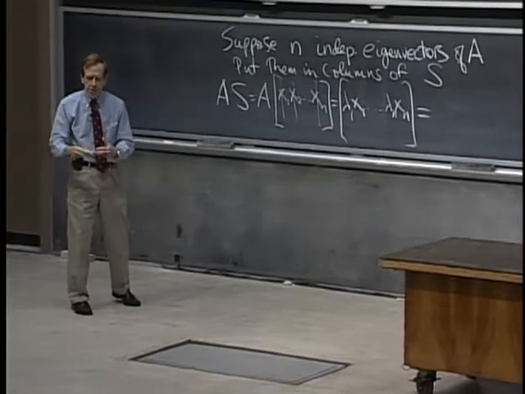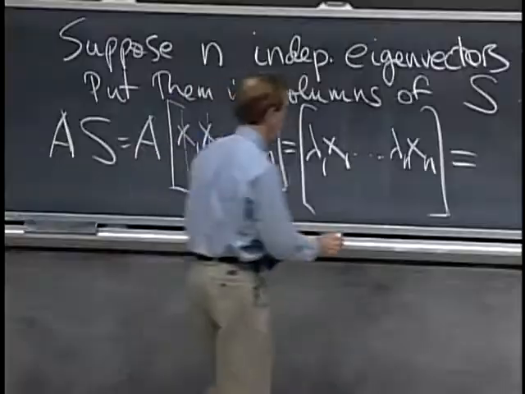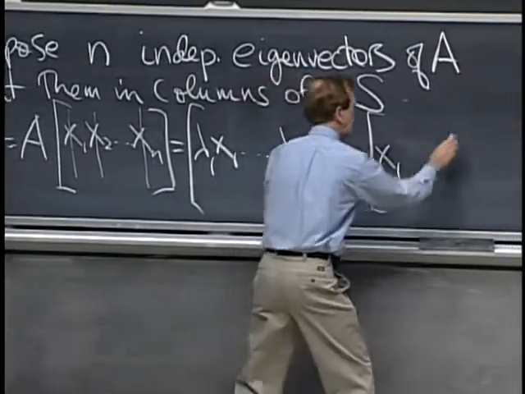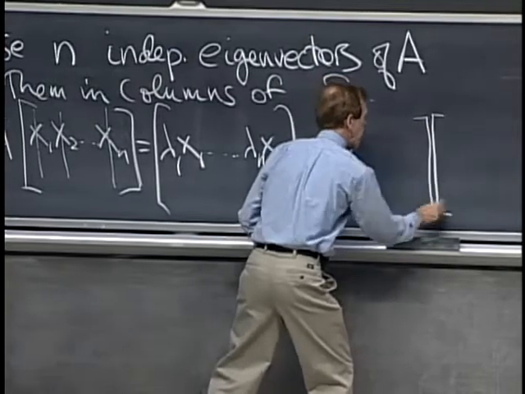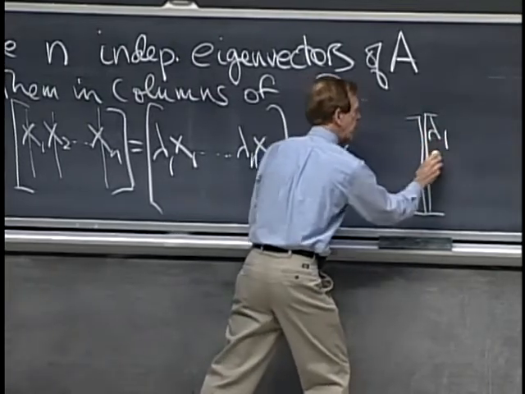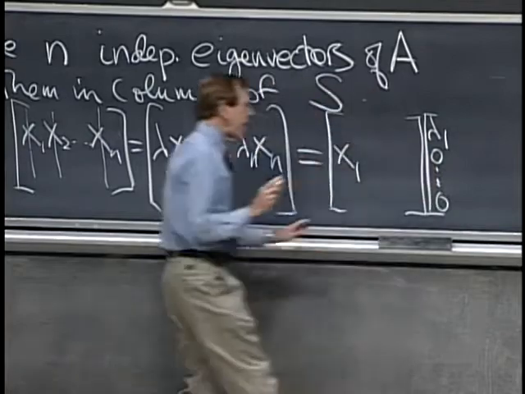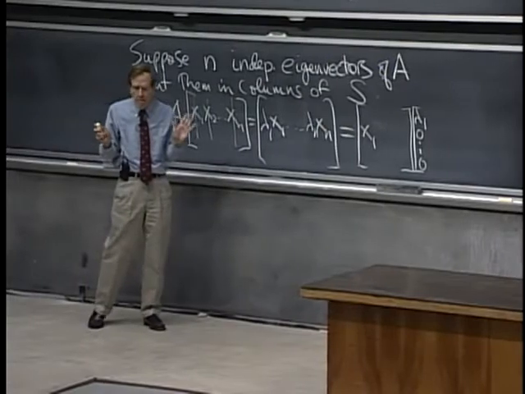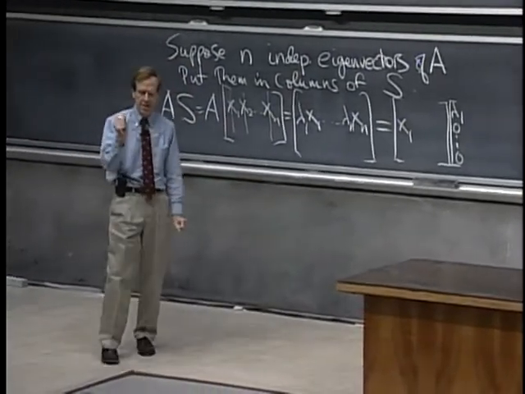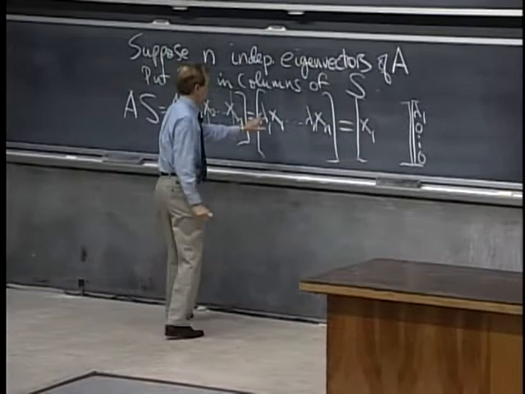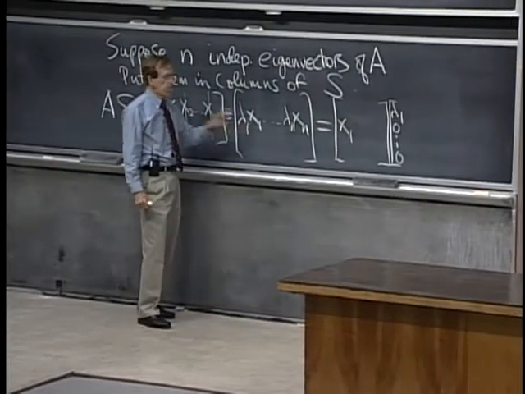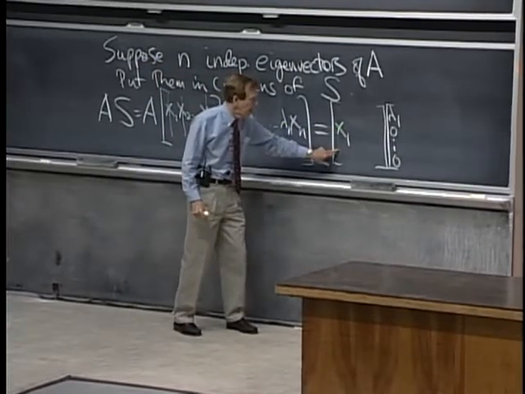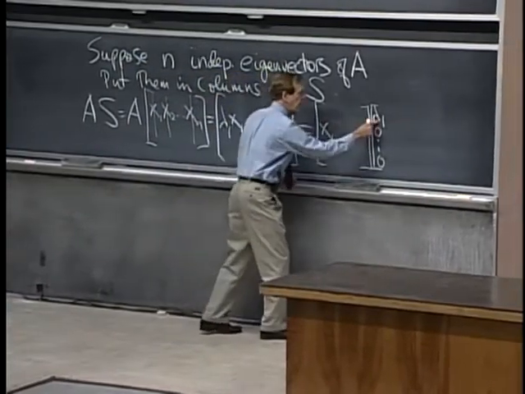So if I want to factor it out of the first column, here is going to be x1, and that's going to multiply this matrix with lambda 1 in the first entry and all zeros. You see that's going to come out right for the first column? Because we remember that if I want a number to multiply x1, then I can do it by putting x1 in the first column, and putting that number there.